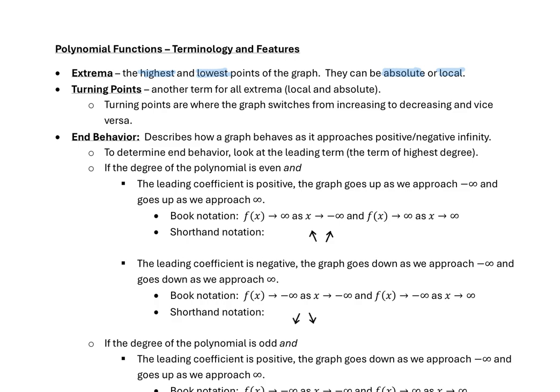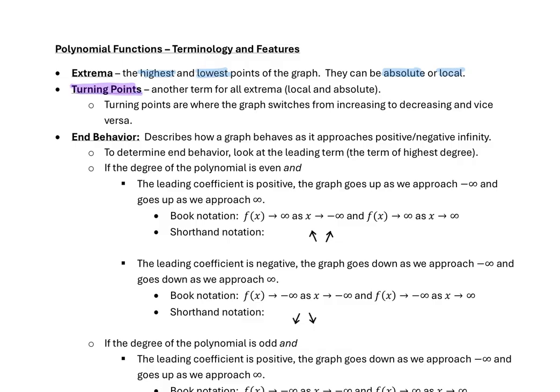So remember that we've talked about minimums and maximums. We sometimes refer to these as extrema when we want to think about them at the same time. And we actually have another term that we use for extrema, as if we don't have enough. We call them turning points.